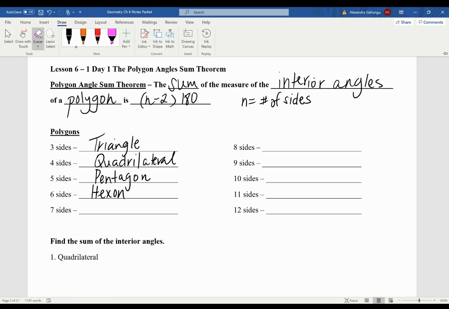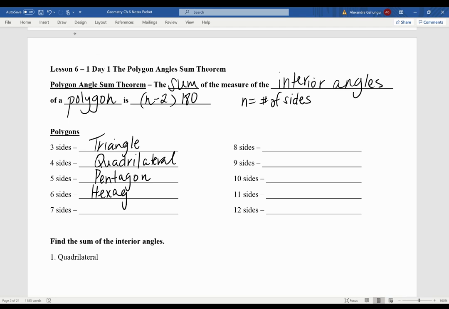Skipped a couple of things. And then a heptagon for seven sides. That one's a little unfamiliar. Octagon for eight-sided, nonagon for nine, decagon for ten-sided. It's all about the prefixes, really.